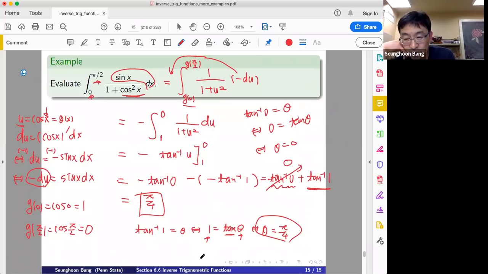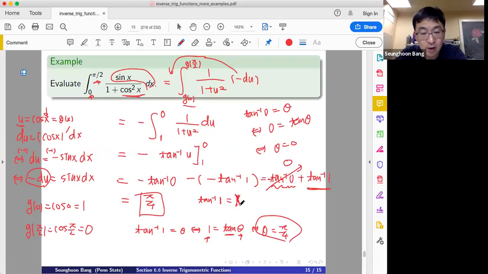Plug in 1 for theta to get pi over 4? You're right, not theta. So what's the equation? This one is inverse tangent of 1. What is the answer? We don't know. In this case you can use anything. It doesn't matter whether you use theta or the value of x.